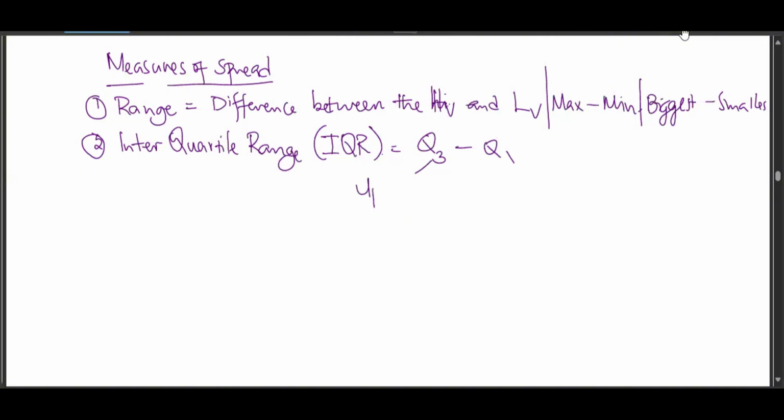Q3 is known as the upper quartile, and Q1 is known as the lower quartile. Anyway, how do we get the quartiles? For example, you might be given some data.